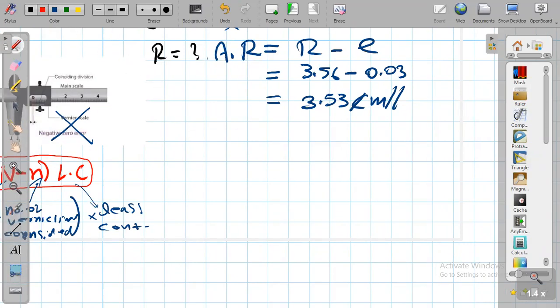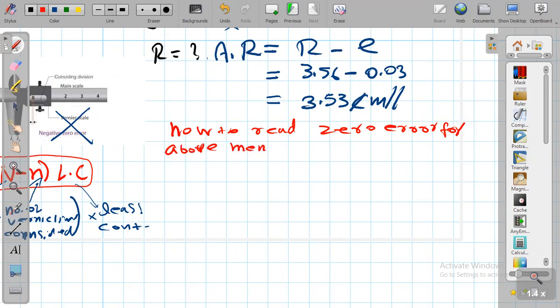How to read the error of the above-mentioned negative zero error?